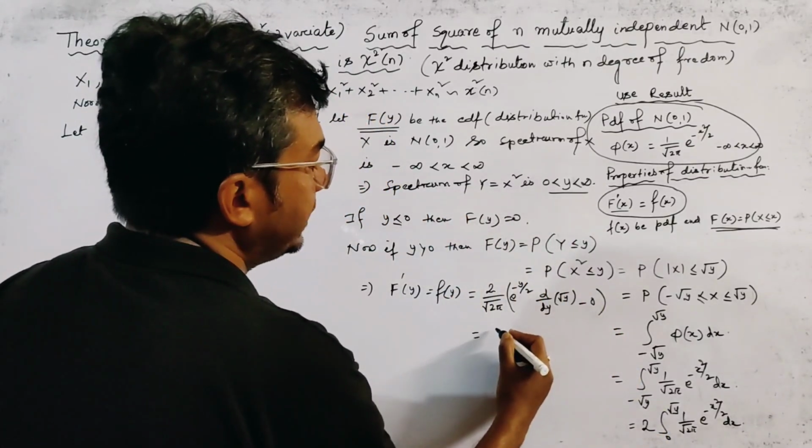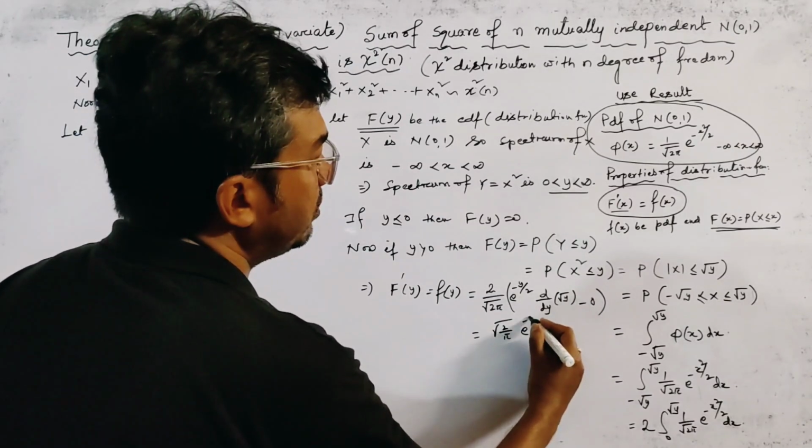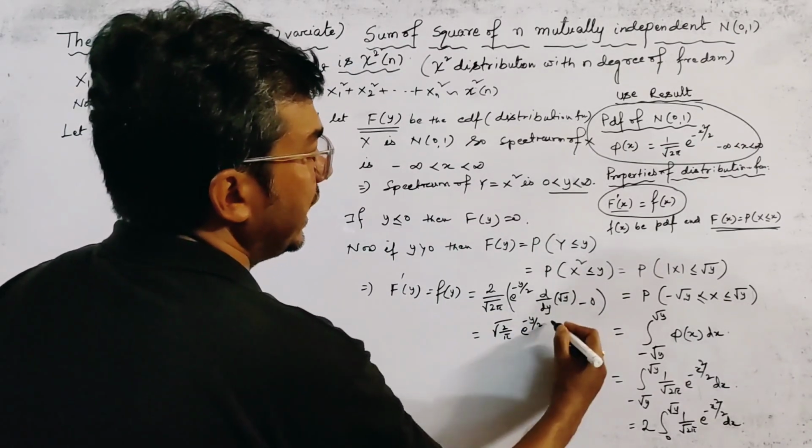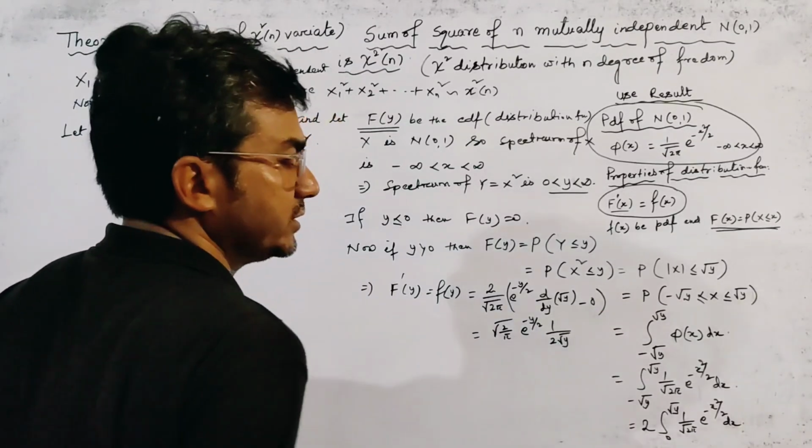And this is given by root 2 by pi into e to the power minus y by 2, and this is given by 1 by 2 root y.